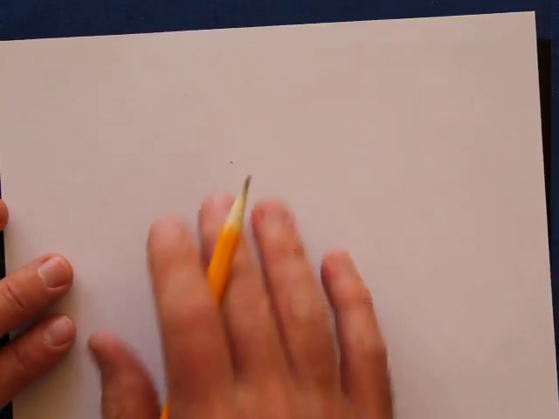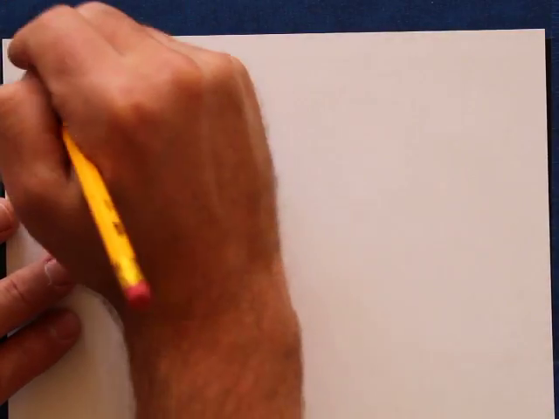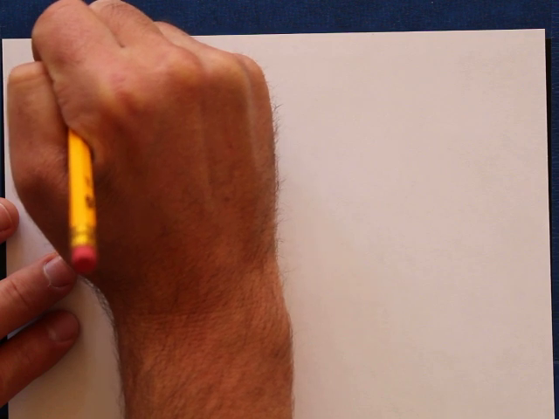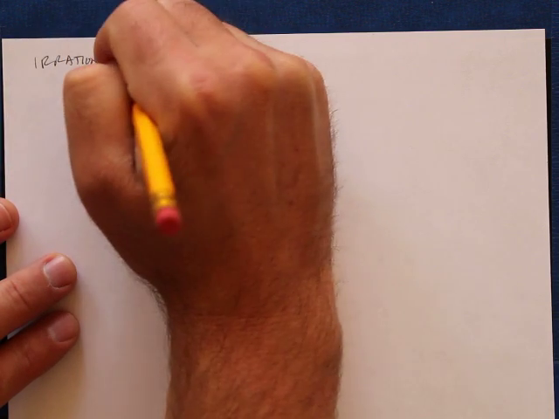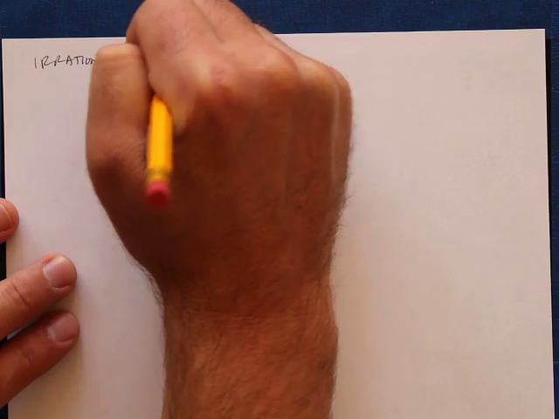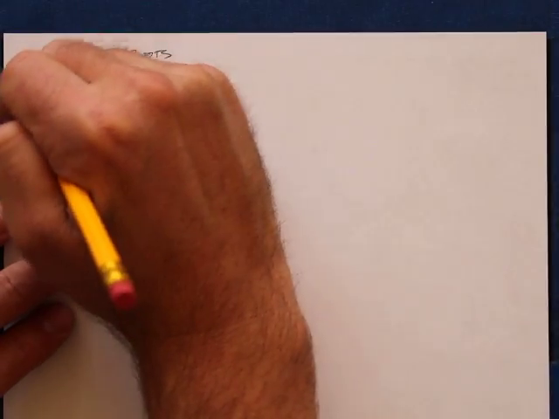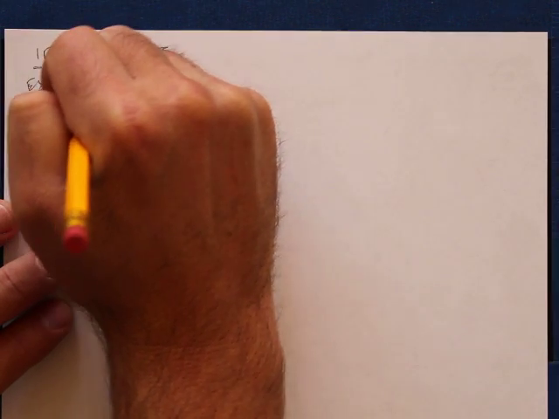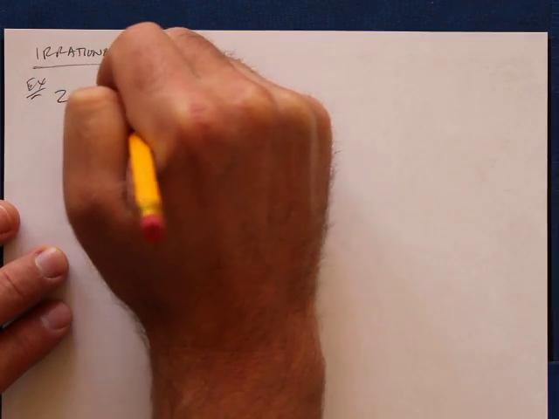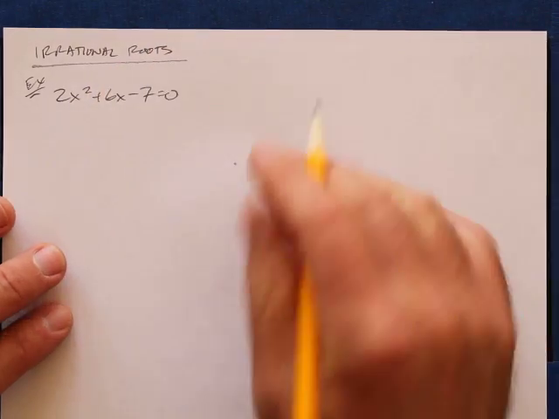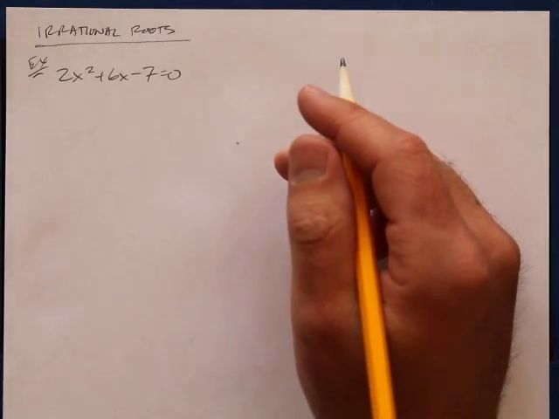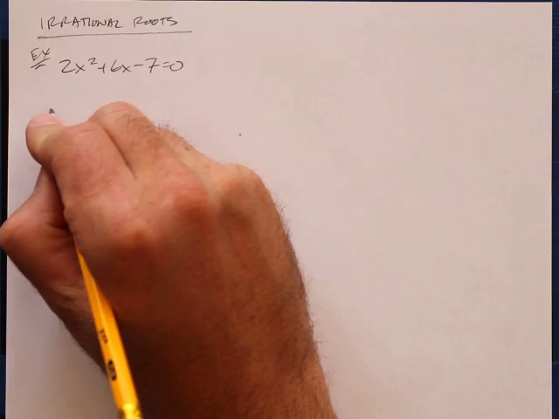Now, you might also come across something that has irrational roots. So I've got 2x squared plus 6x minus 7 equals 0. All right. So let's use the quadratic formula.